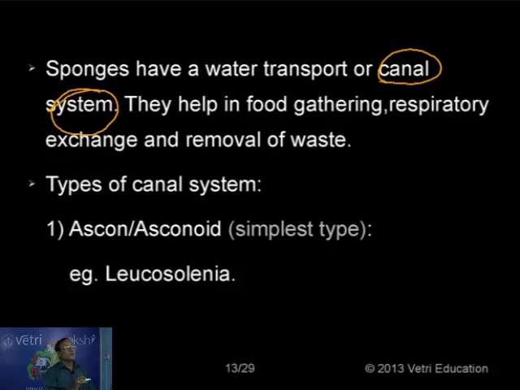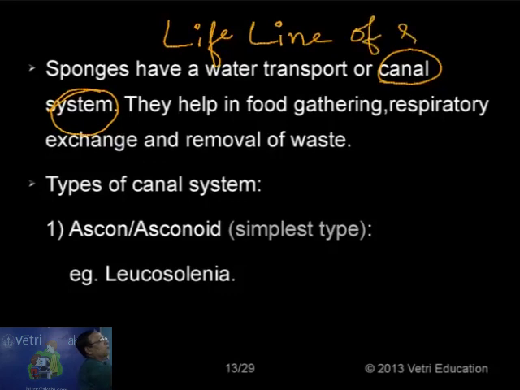It is called the lifeline of sponges, because this system helps the animal in various functions: excretion, exchange of gases, and nutrition. Hence, the canal system is aptly called the lifeline of sponges. Normally, it is useful for food gathering, respiratory exchange, and also removal of waste.